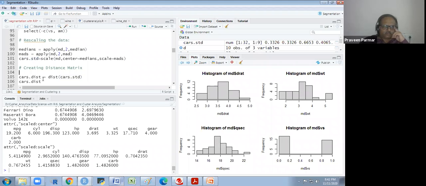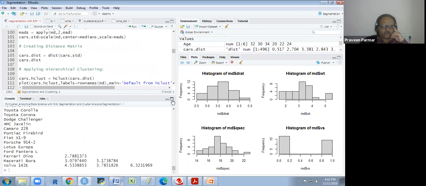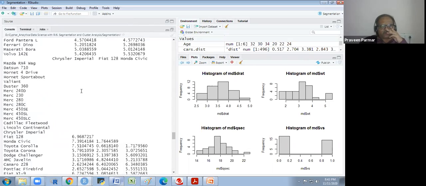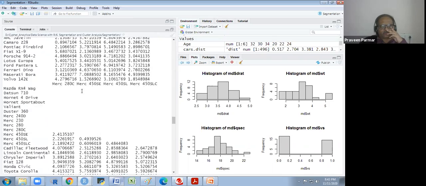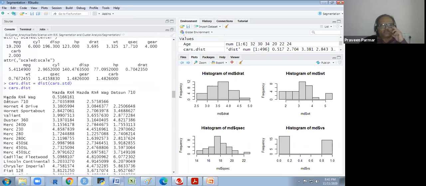So for car distance, first we have to make a distance. I will show you this is the distance between different cars, different observations. Cars are the observations, the models are the observations. So you see the whole distance.